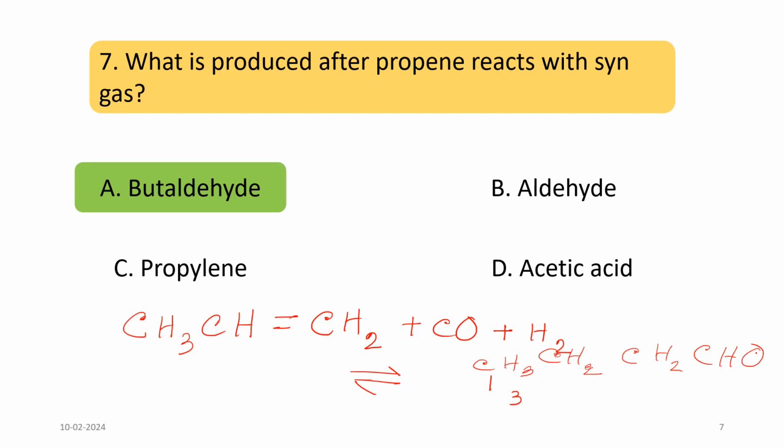So propene, when it reacts with syngas, produces butyraldehyde.